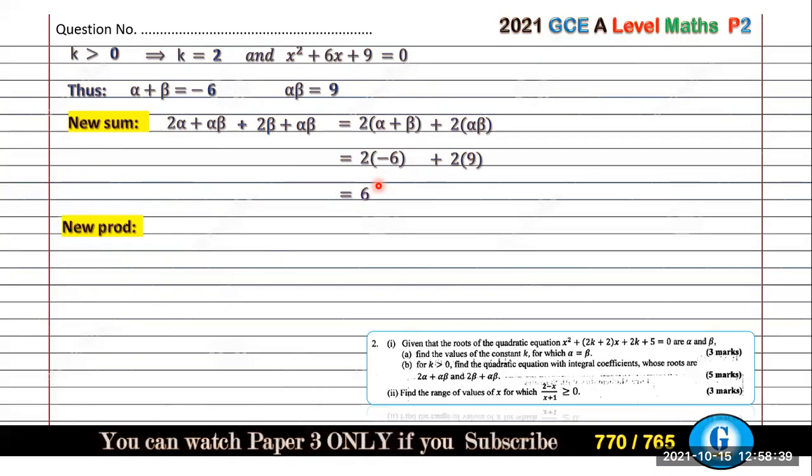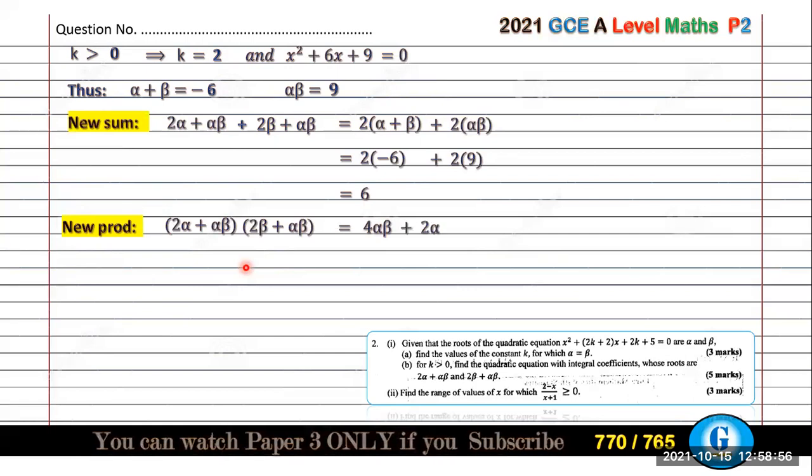Now our new product will be 2 alpha plus alpha beta times 2 beta plus alpha beta. When you open, you have 4 alpha beta. That's 2 alpha times 2 beta will give us 4 alpha beta, plus 2 alpha times alpha beta will give us plus 2 alpha squared beta.